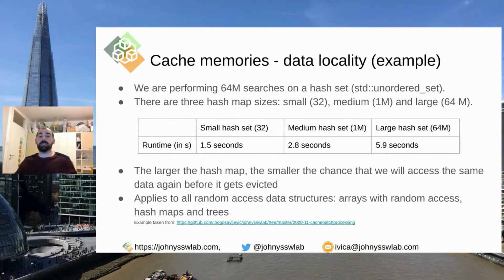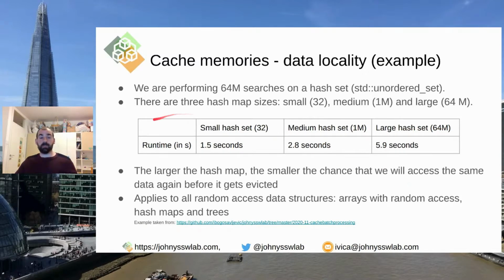In contrast, with the large hash set, which has 64 million entries, the chance that you will be accessing the same data again is really small. So there is a much smaller chance that the data you want to access is in the data cache, and this explains the difference in runtimes.